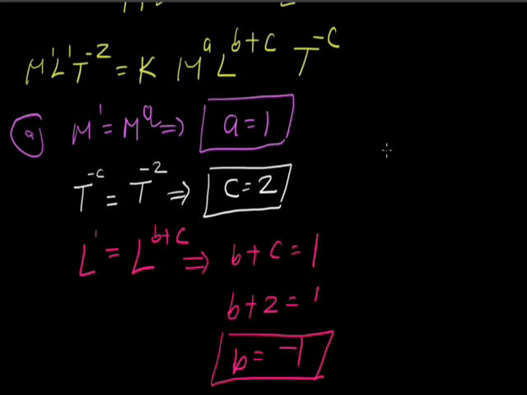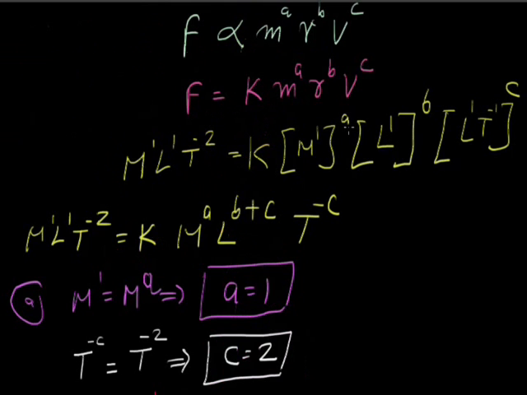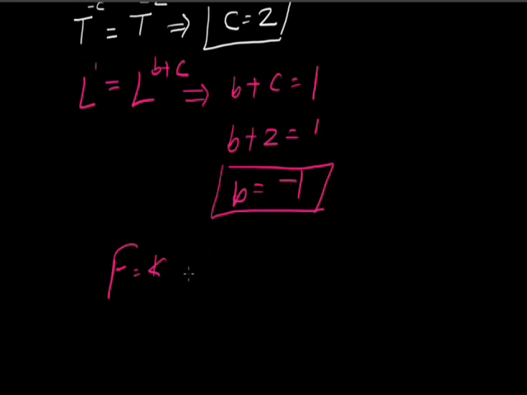So we can put the values of A, B, C in formula number 1. A equal to 1, so m1, and B equal to minus 1, that is the power of r, so r minus 1, and C equal to 2 is the power of v.